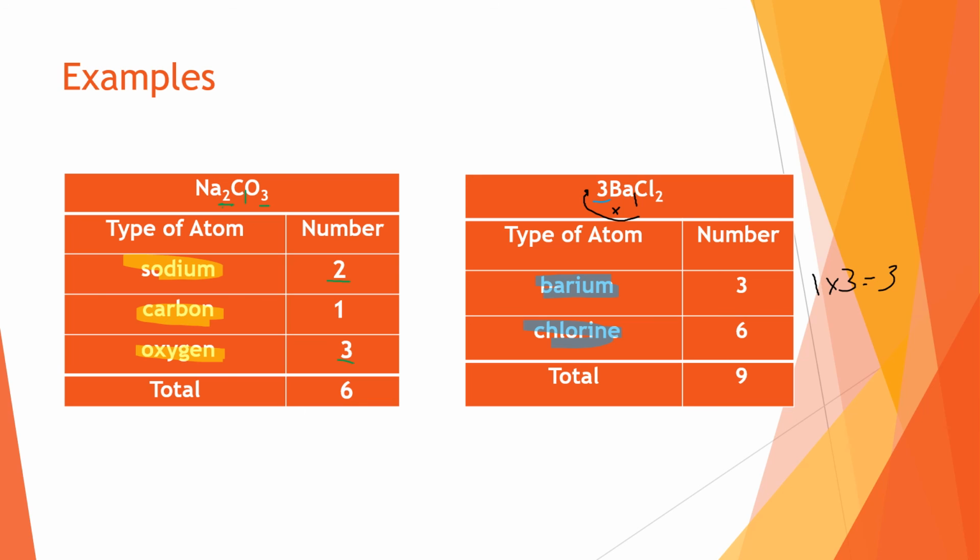For chlorine, we're going to look to the subscript, so beside the Cl we see a 2 here. But we then have to multiply that 2 by the 3. So it's really like doing 2 times 3, which gives us 6 total atoms. You add the 6 and the 3, and we get a total number of 9.